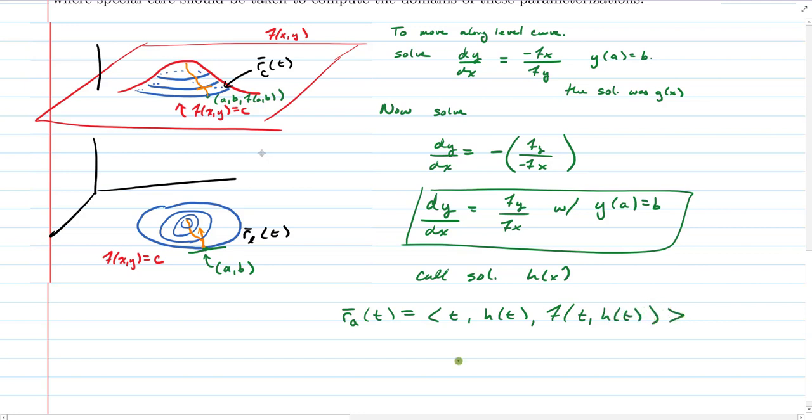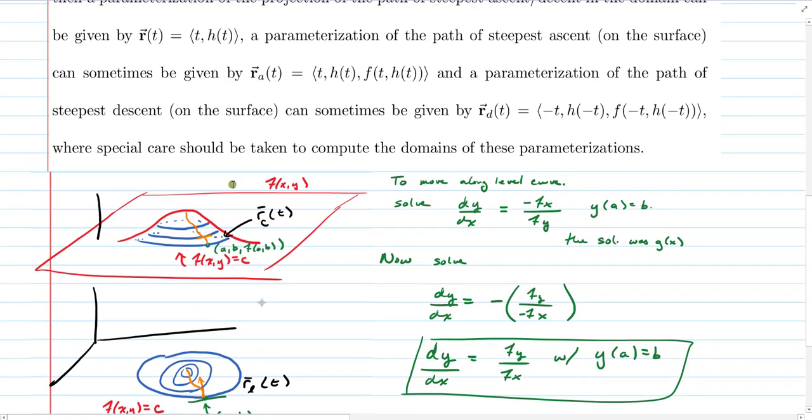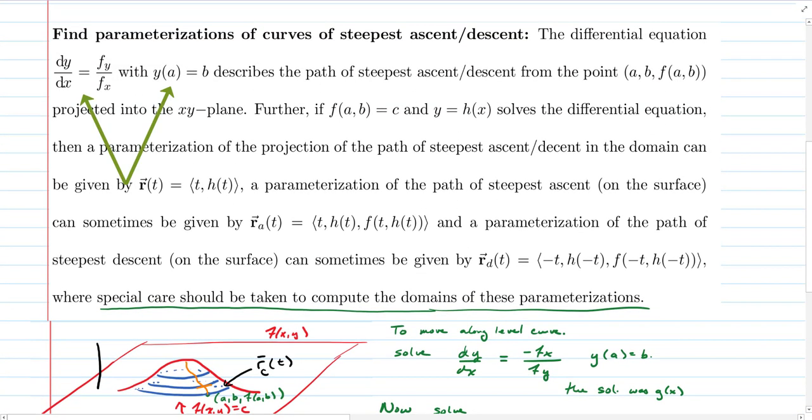One thing I'm being very careless about as we do this is the issue of domains. Special care should be taken to compute the domains of these parameterizations. Because this is really just meant to be an overview of where these differential equations come from, I'm not going to discuss the domains.